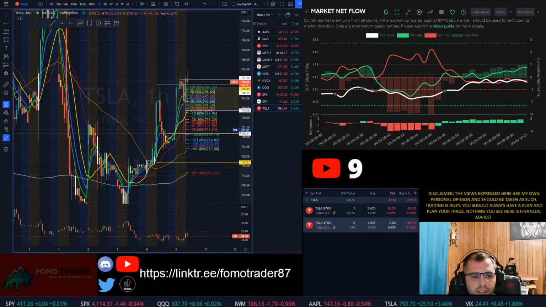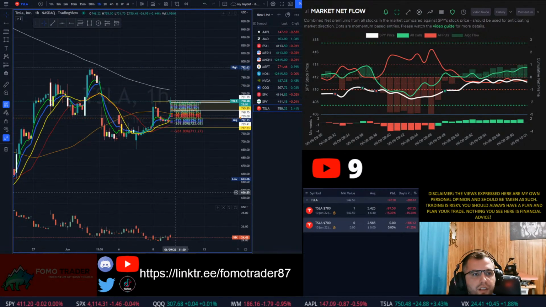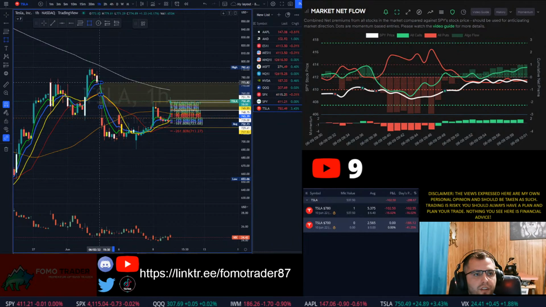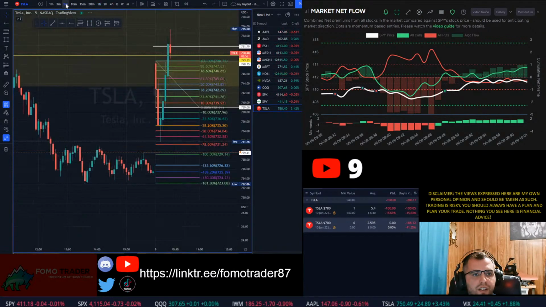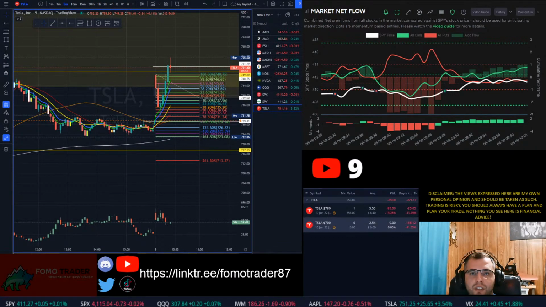But like I said, looking at this chart, if I take out the extended hours here, we do have this big gap up zone here. It was from here to here. So this potentially could be a nice big move here. So I am holding tight to see if we hold this level.